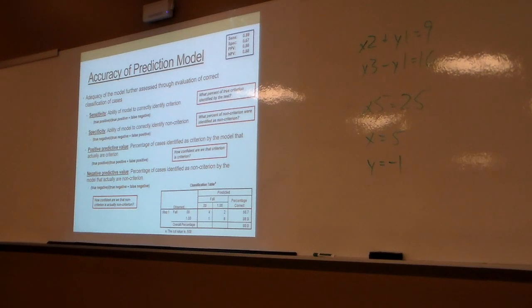How well did my model do in terms of identifying those? What's the best way to max out my sensitivity? If sensitivity is telling me what percentage of the criterion were captured by the test, how do I get a maximally sensitive test?